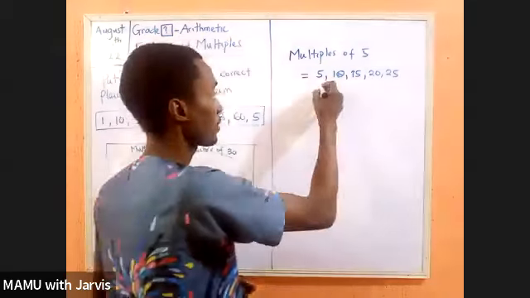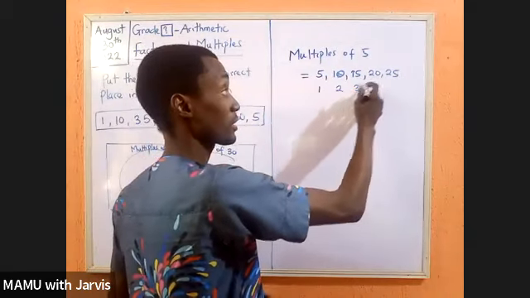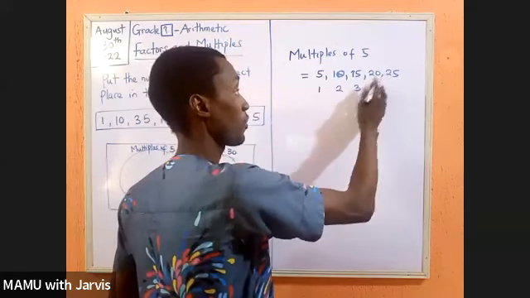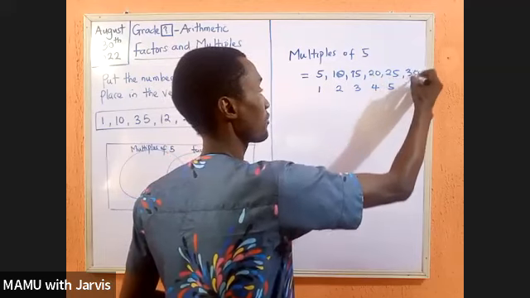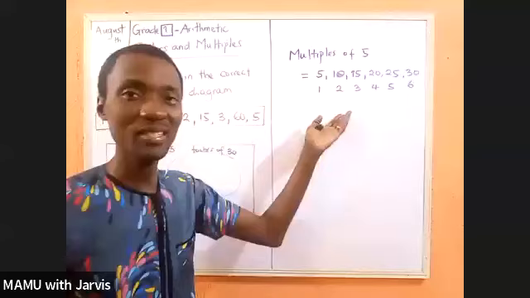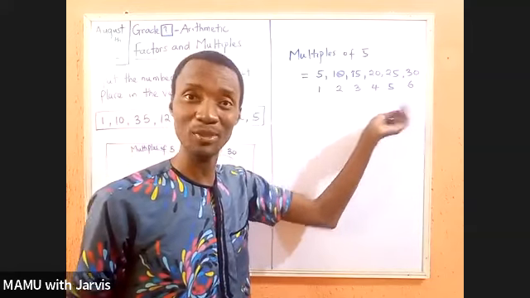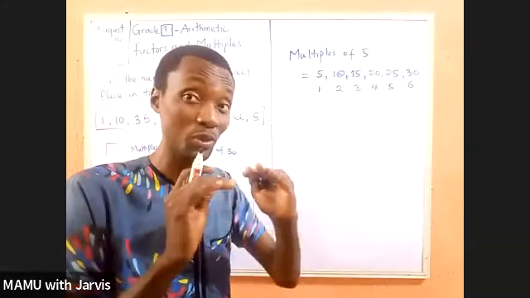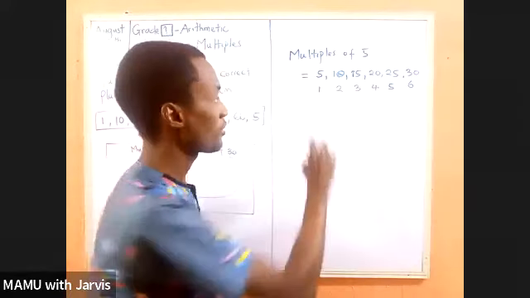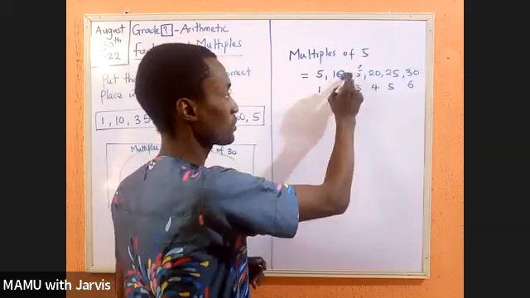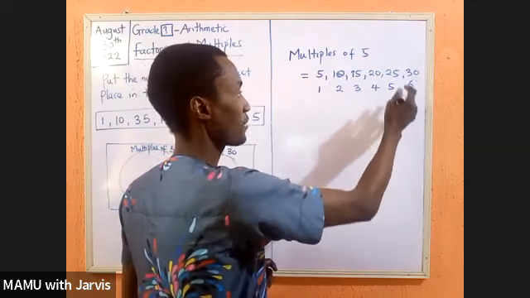Remember, this is 5 times 1, 5 times 2, 5 times 3, 5 times 4, 5 times 5, 5 times 6. I'm also teasing another interesting concept here we call sequence. So we'll come to that much later, but I'm just trying to use this one topic to show you that with one topic, you can actually touch a number of topics.